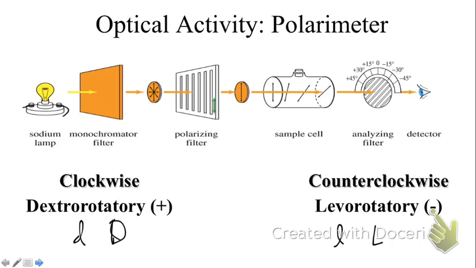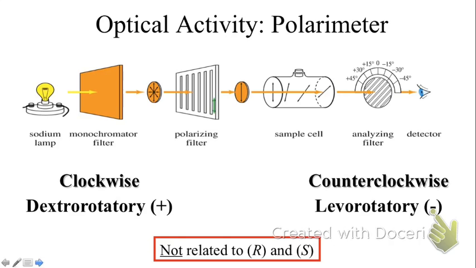One of the more important aspects of this is that it's not related to R and S. When we assigned R, we did our little circle to the right. That has nothing to do with the fact that light is rotated to the right. They're two entirely separate systems. I know that's tricky, but try and treat them differently.